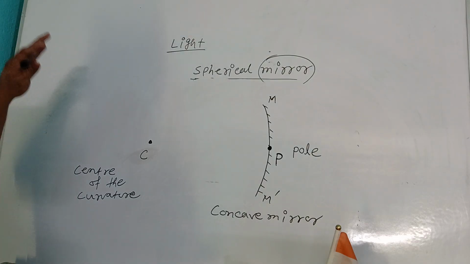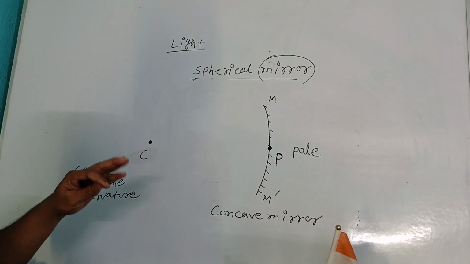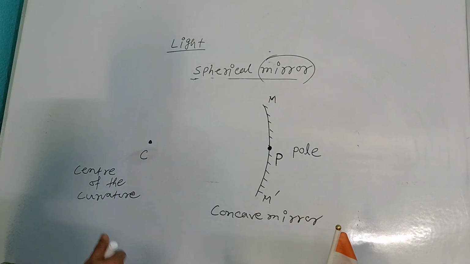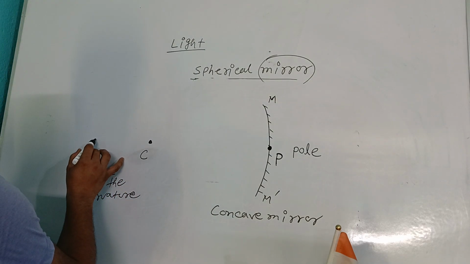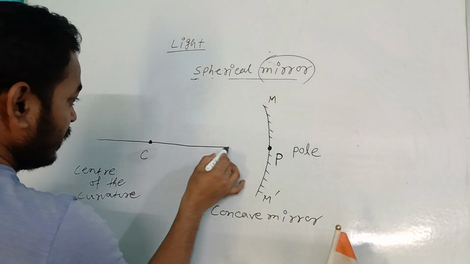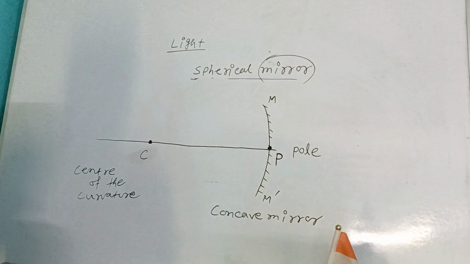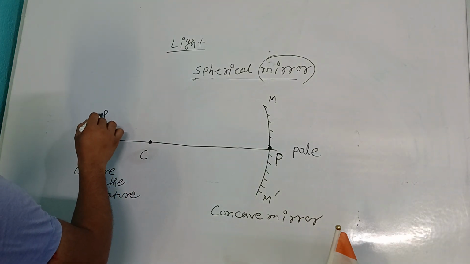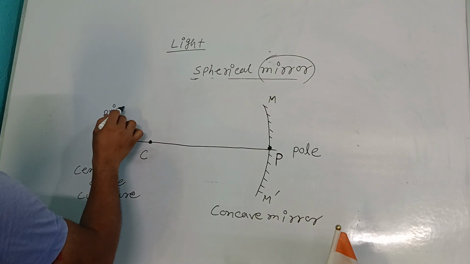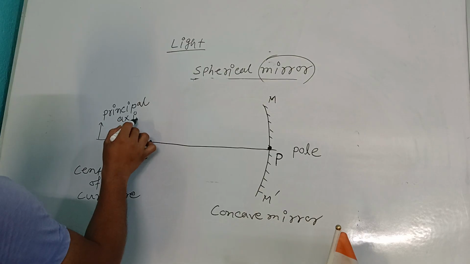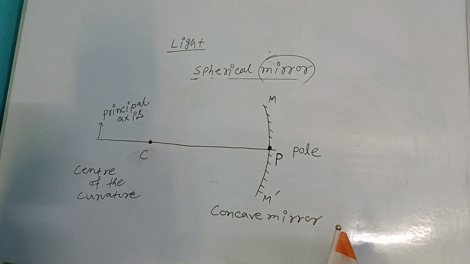To draw the ray diagrams, we have to draw one reference line, which passes through the center of curvature and the pole of the mirror. This is called the principal axis.